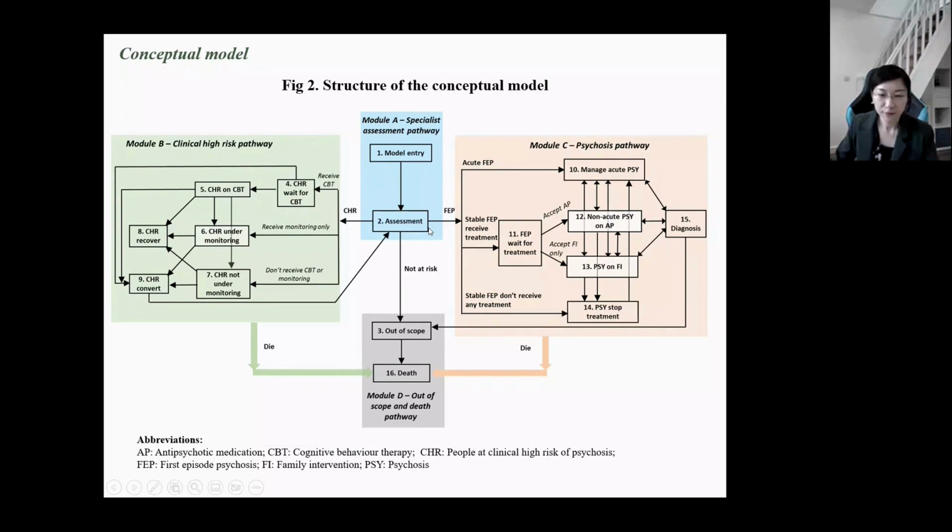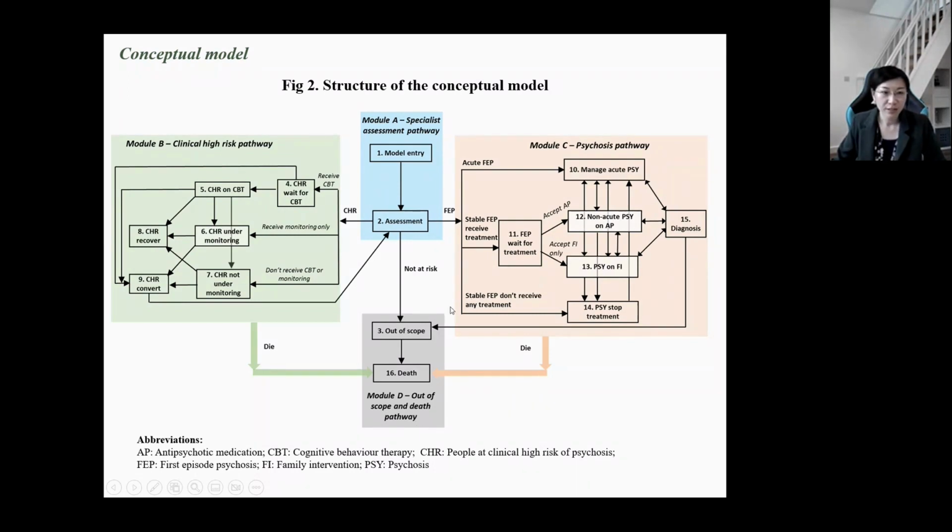Patients assessed as first episode psychosis will be diverted to Module C, the psychosis pathway, where they will receive interventions such as antipsychotics and family interventions. Patients assessed as not at risk of psychosis will be moved on to Module D, out of scope and the death pathway.